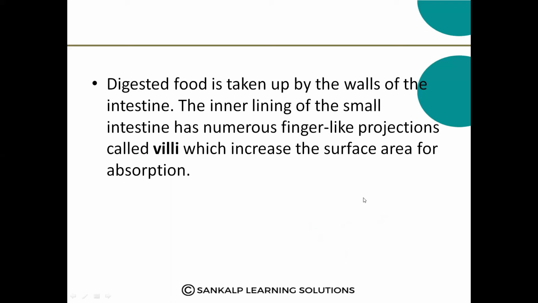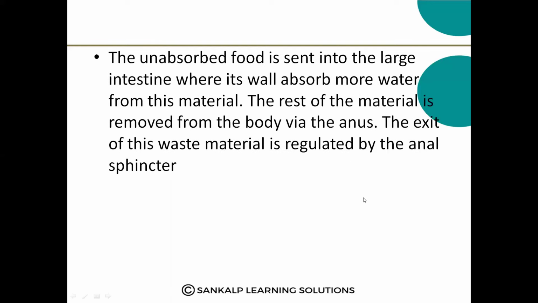Then the next part is the large intestine. How does digestion take place in the large intestine? There is no digestion. Complete digestion has already taken place in the small intestine. Only absorption of some nutrients and a large amount of water takes place in the large intestine, and the remaining food material which is not essential for the body is removed from the anus.